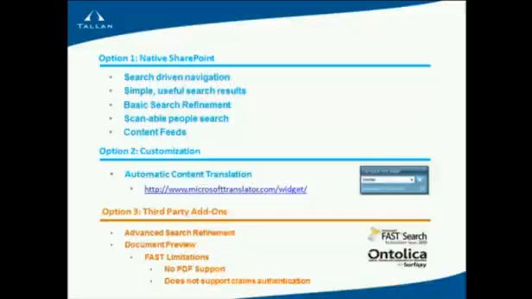So if you want document preview and you're using claims-based authentication and you want PDF support, another option is the Ontolica Preview product, which gives you a wider breadth of document content support. That product is specifically for enhancing search and providing document preview.